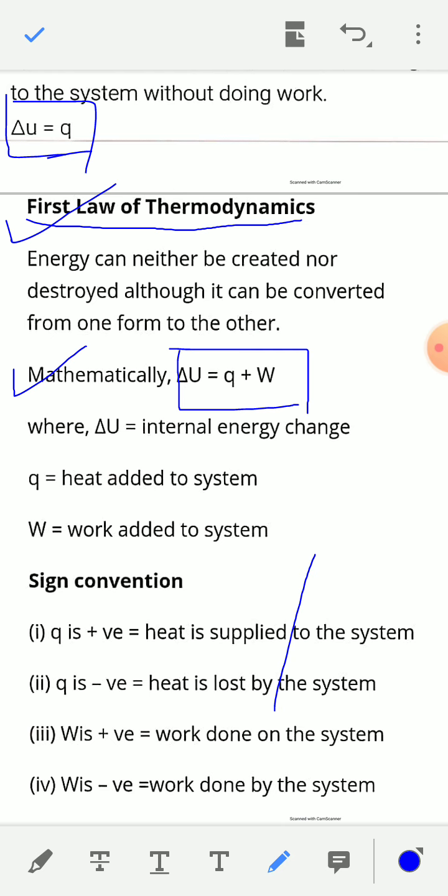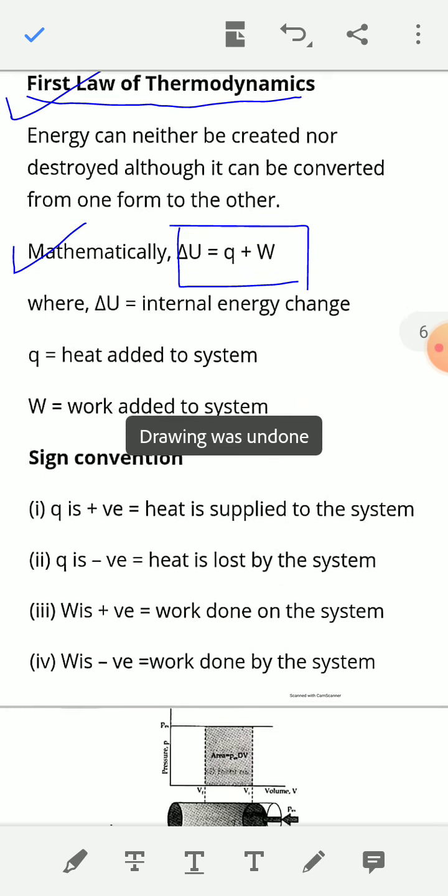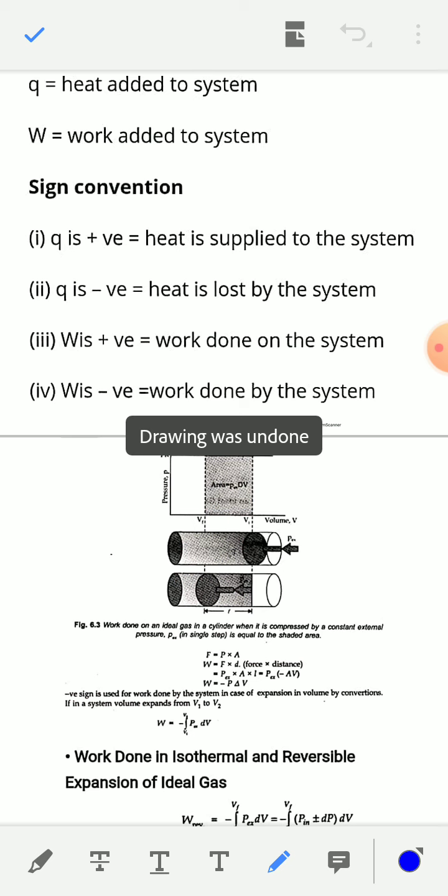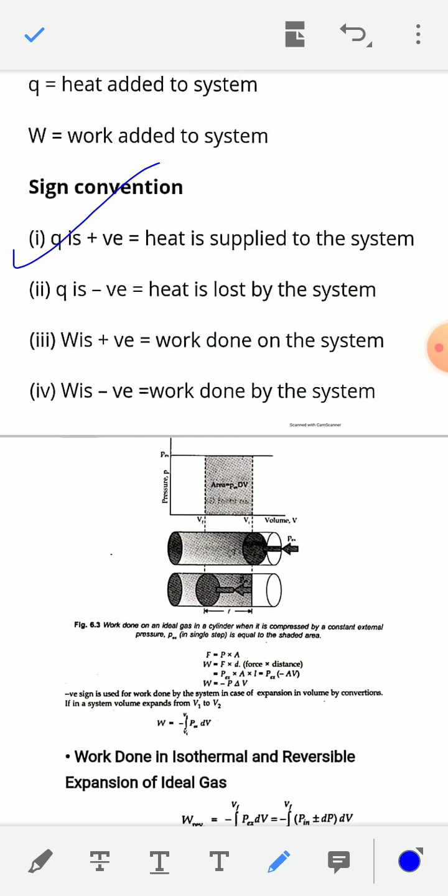Okay, and here some sign convention you have to remember. Q is positive if the system absorbs heat, or if heat is supplied to the system, while Q is negative if heat is lost by the system.